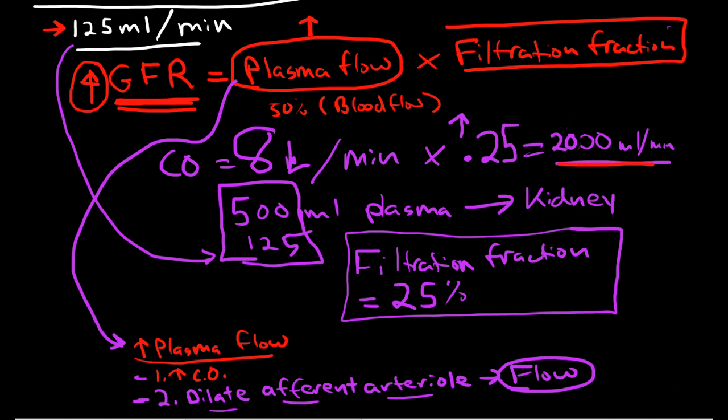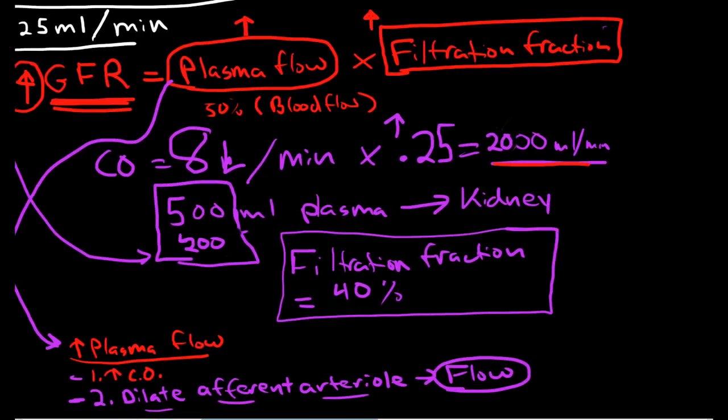if we want to increase the glomerular filtration rate, then we would need to increase the filtration fraction. So we would need to increase this normal 125 mLs per minute, or 25%, to maybe 40%. Now, how would we do that?